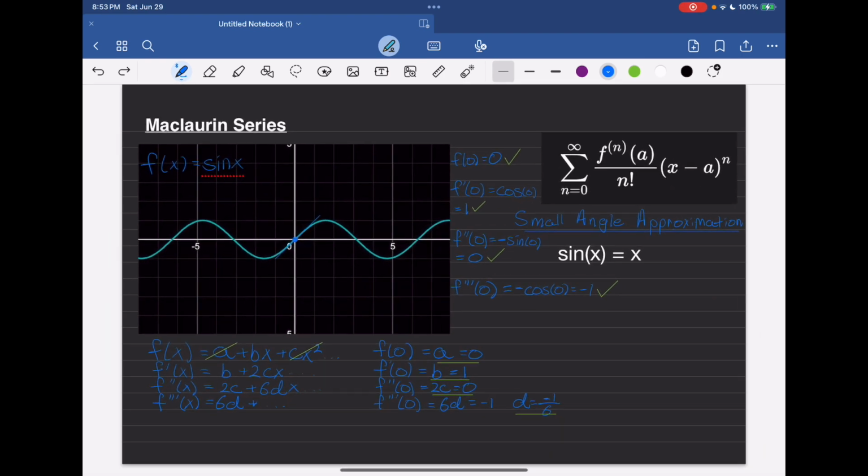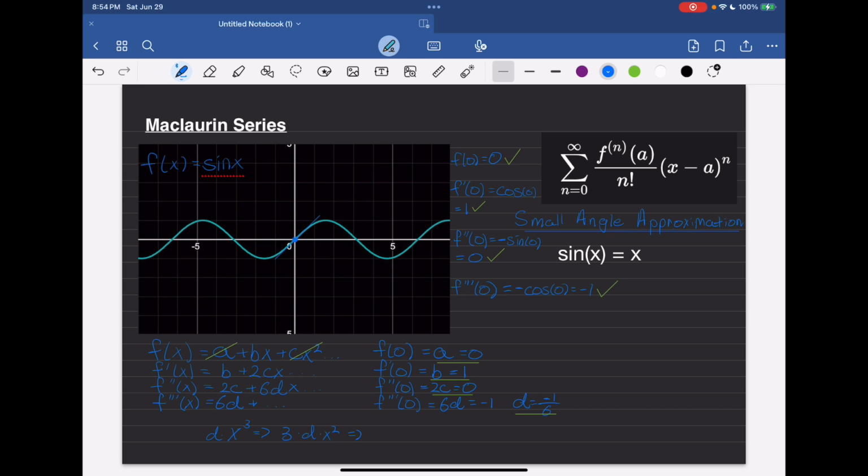Now, if we continue finding higher order derivatives for sine of x, we're going to get a closer and closer approximation using our polynomial. And as you can see, the denominator for d is 6, which is the same thing as 3 factorial. And we can see that this comes about because the term was originally x cubed times d, and then it became 3 times d times x squared.